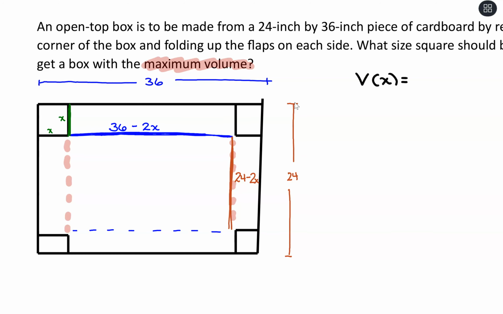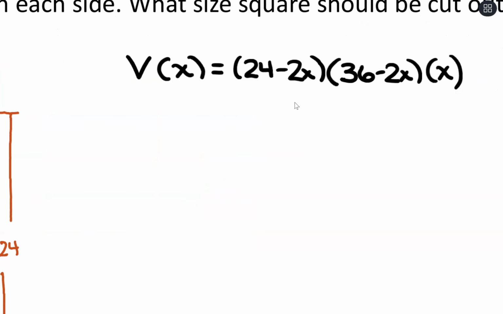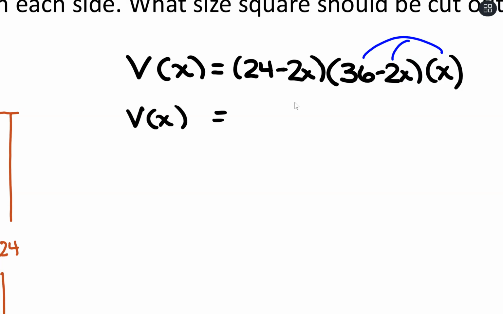So for volume, in terms of a variable of x, we're going to have width, which is 24 minus 2x, times length, which is 36 minus 2x, times height, which is x. And then we could go ahead and simplify this down. I'll go ahead and distribute x into this one right here.